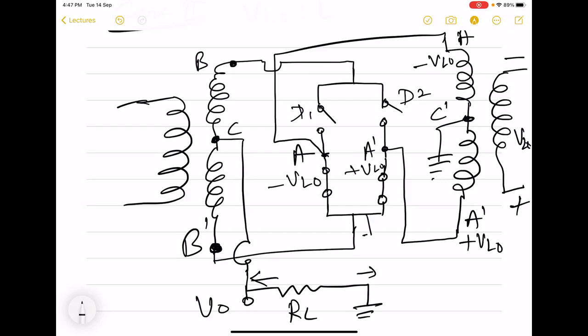So that is why this node is at zero voltage. So this node B dash is now ground. So we are now reading the voltage of node C with respect to node B dash.